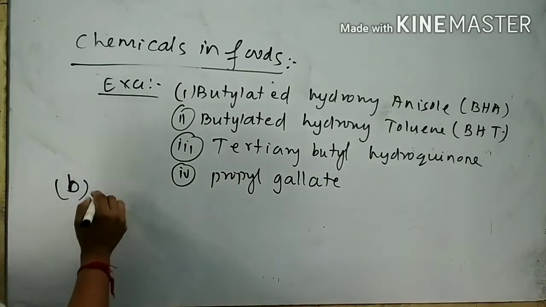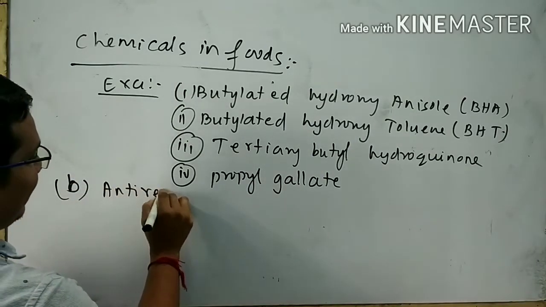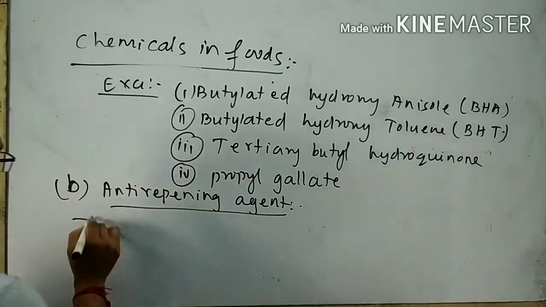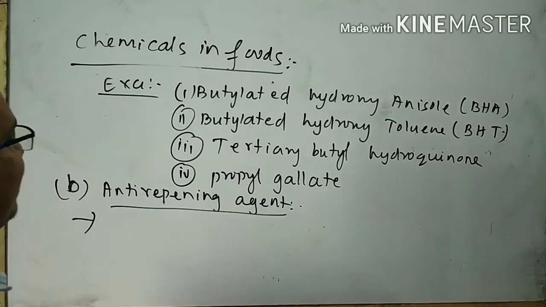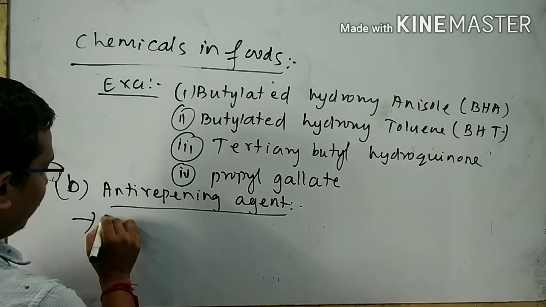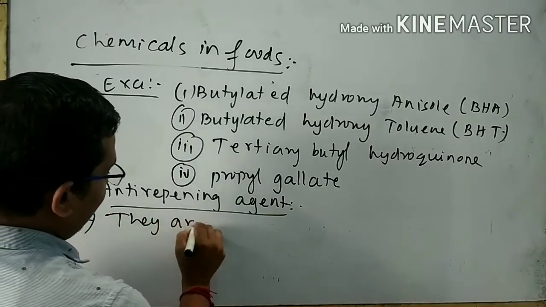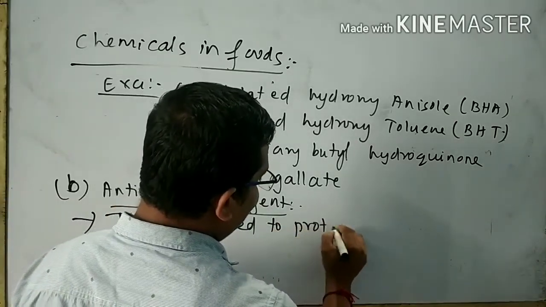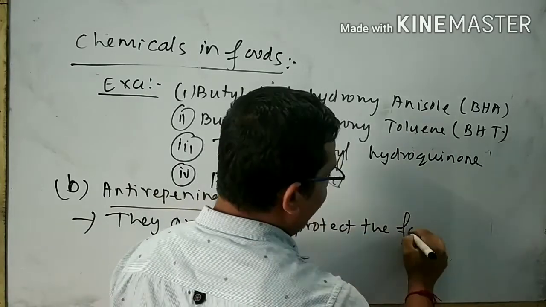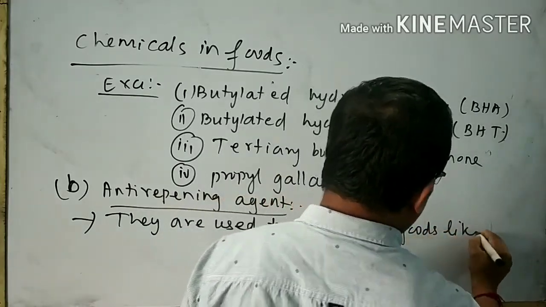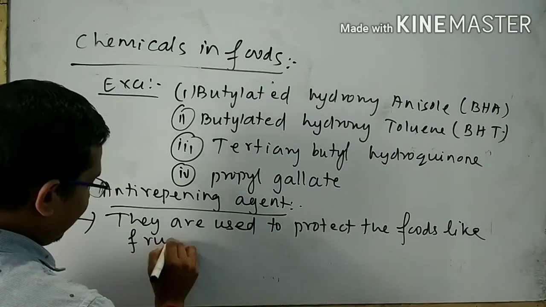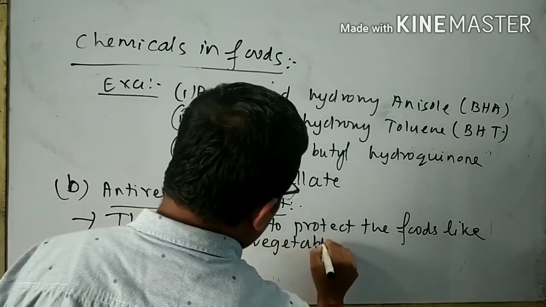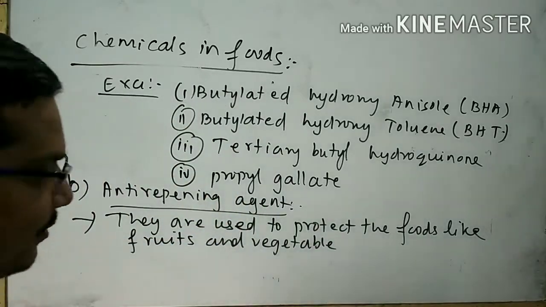Next I will discuss the anti-ripening agent. These anti-ripening agent food preservatives are used to protect foods like fruits and vegetables from ripening.